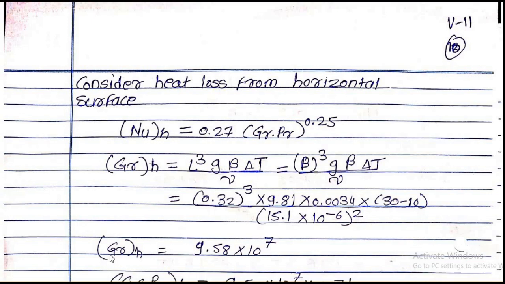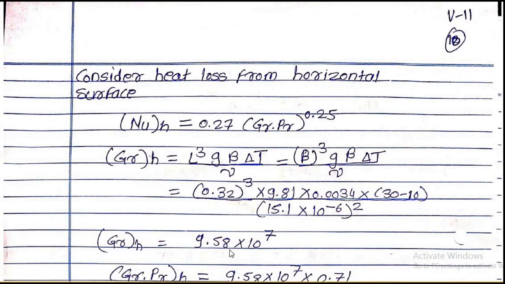So Grashof number for the horizontal surface we get as 9.58 into 10 raised to 7.